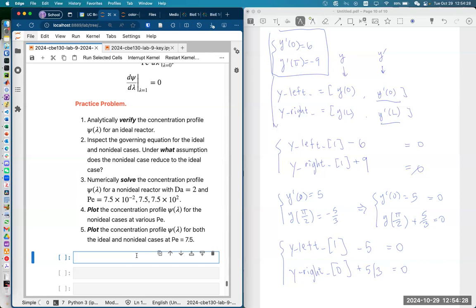Is it just 1 minus 0? Is it a left boundary mix or right boundary?